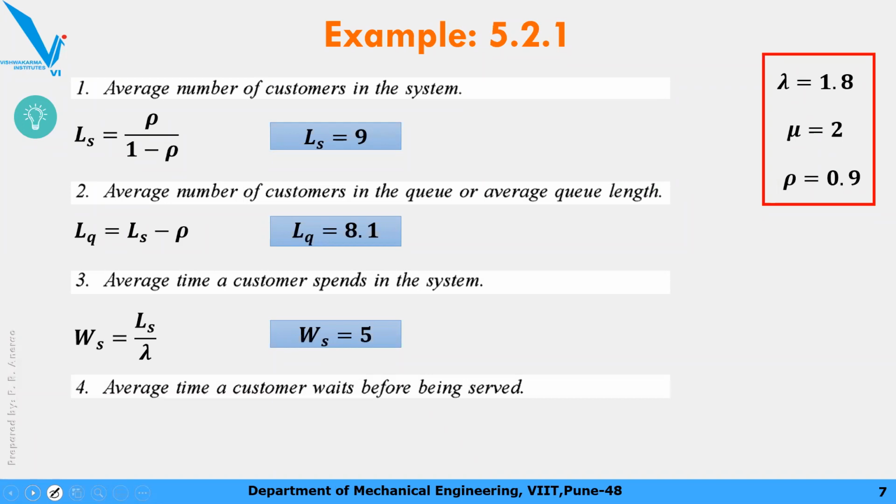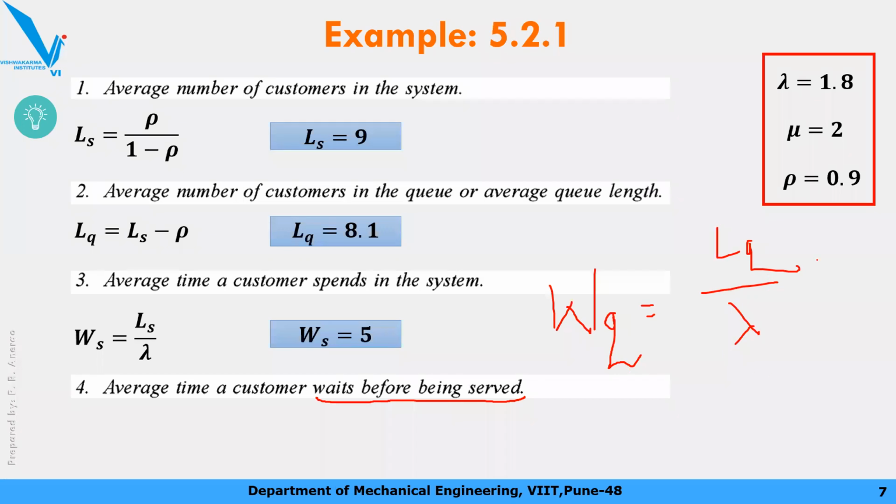Next, fourth, average time. Now again average time बोला है, मतलब W calculate करना है. A customer waits before being served. What does it mean? Before being served, that means वो queue में खड़ा है, right? He is waiting in the queue. So WQ we need to calculate. So that is calculated by LQ divided by lambda.